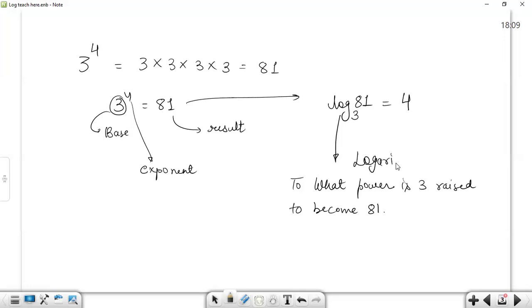The logarithm function is finding this question mark so that it gives 81. The result of the logarithm function here is the exponent. And in an exponential function, we were finding the value when some base is raised to some power. Understood?